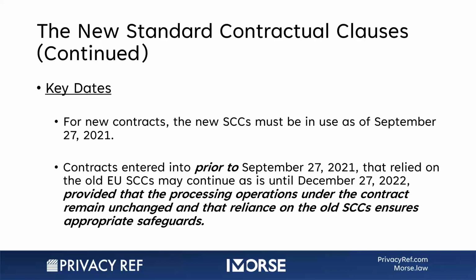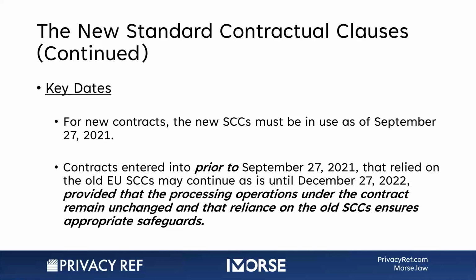As an example, previously the data might have been hosted by the controller and the processor just accessed it but didn't host it. If the operations changed such that the processor would now be hosting, I think that would definitely be a change in the processing operations.